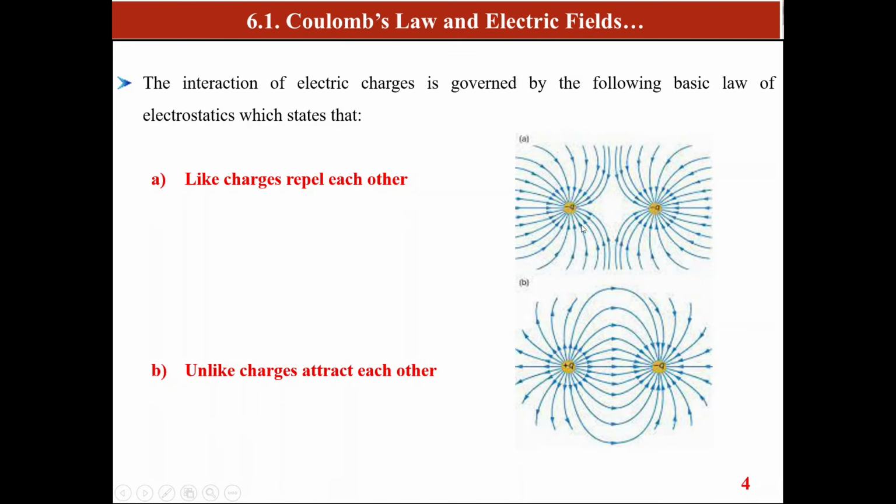Likewise, positive charge and positive charge also repel each other. The other one is that unlike charges attract each other. The first one is a positive charge, the second one is a negative charge, so they attract each other. These lines show the attraction between the two charges. For the field lines, for a positive charge it is outward, for a negative charge it is inward.